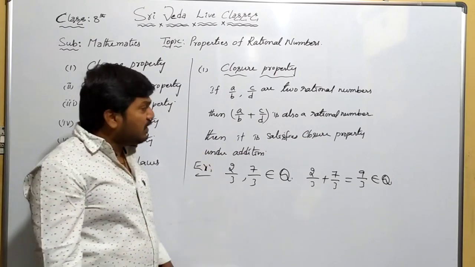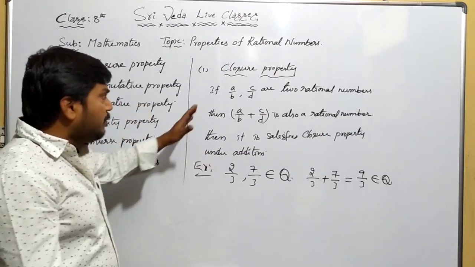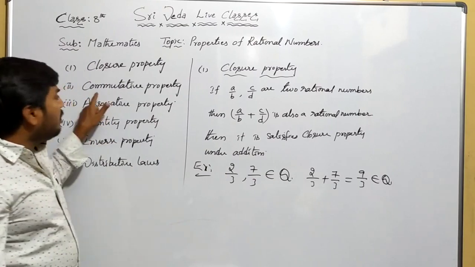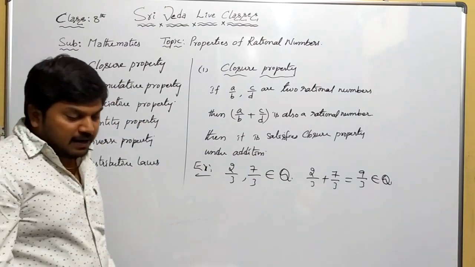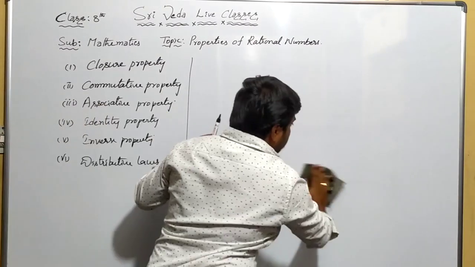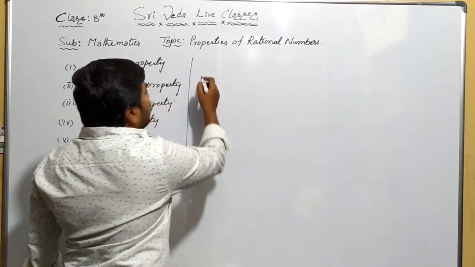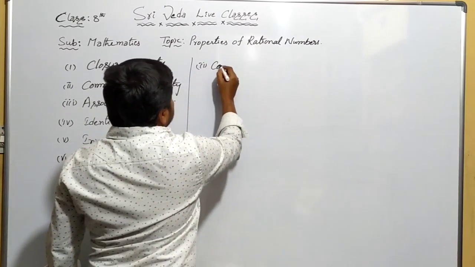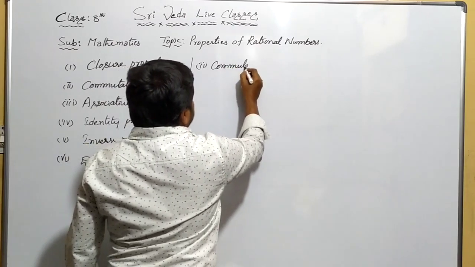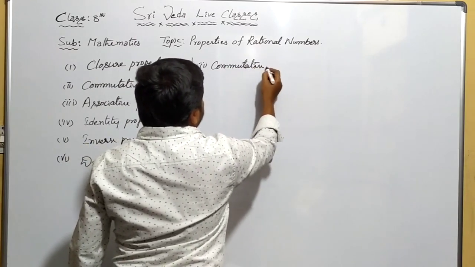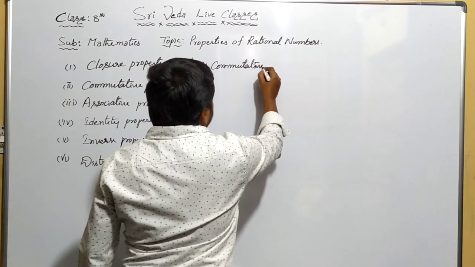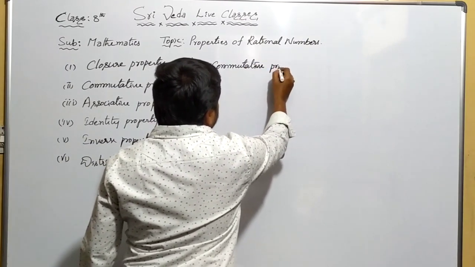Okay, so that is about closure. Next, commutative property. What is meant by commutative property? Commutative property, the second one.